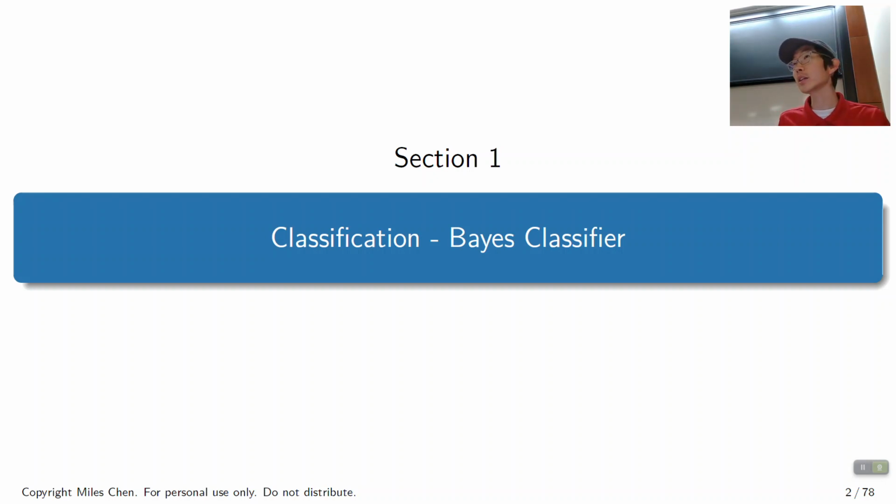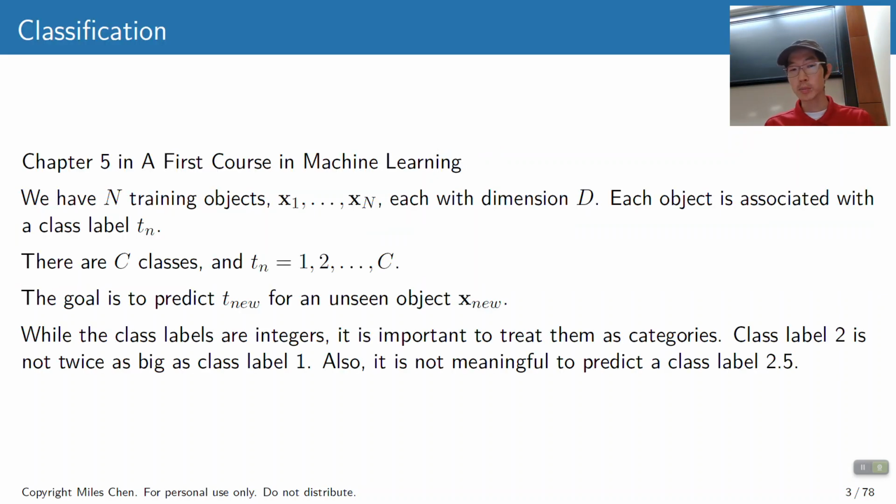We'll look at a Bayes classifier first, and then the naive Bayes classifier. These are algorithms that allow us to predict a category. A lot of the other stuff we've been looking at was used for predicting a numeric variable.